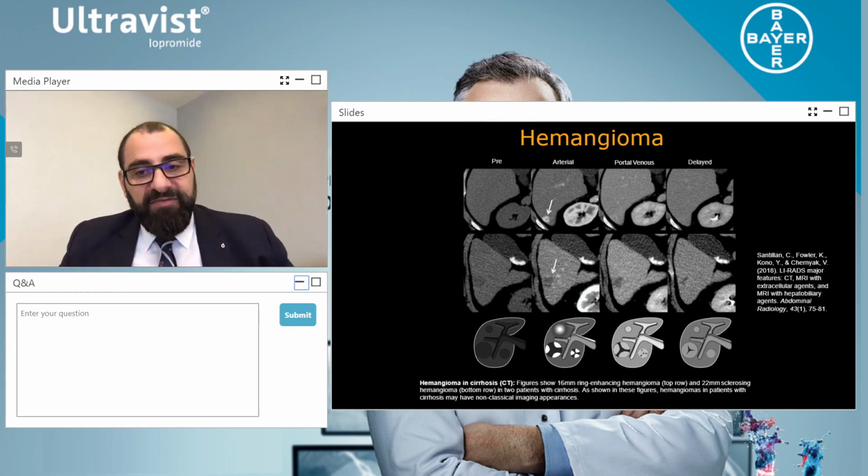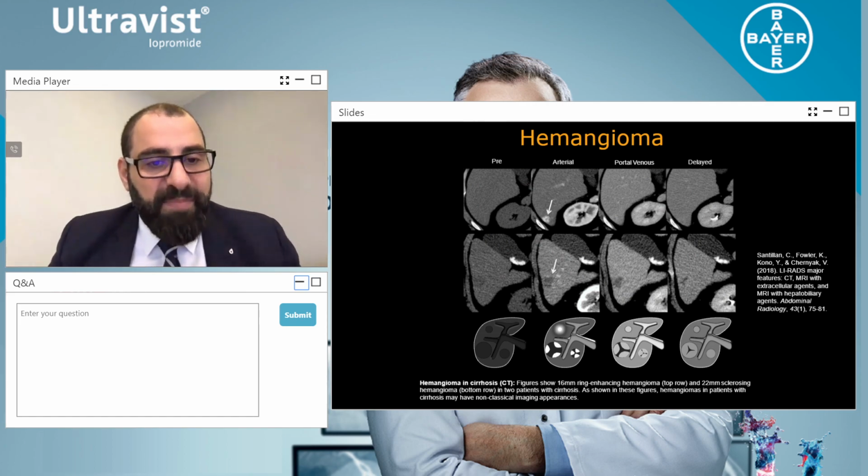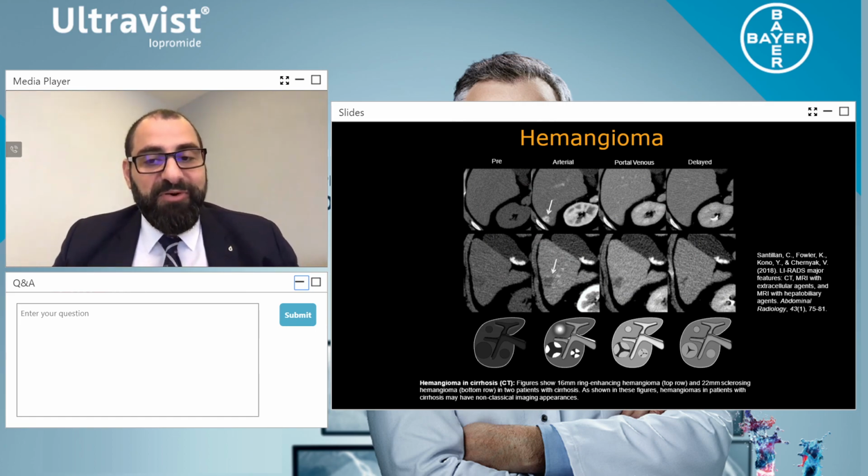And then in the delayed phase, it's filled in very slowly. So this is definitely a hemangioma, but this enhancement pattern occurs because it's a cirrhotic liver. Remember, cirrhosis of the liver reduces the flow of contrast. This is why I once again tell you, having a monomer with a viscosity profile like blood is more important than ever.